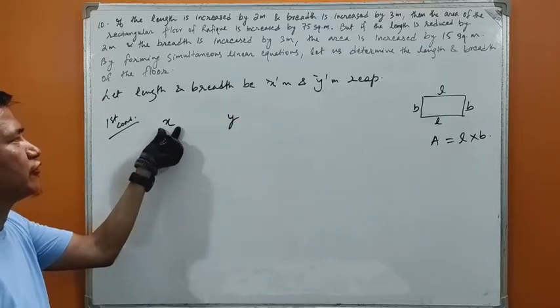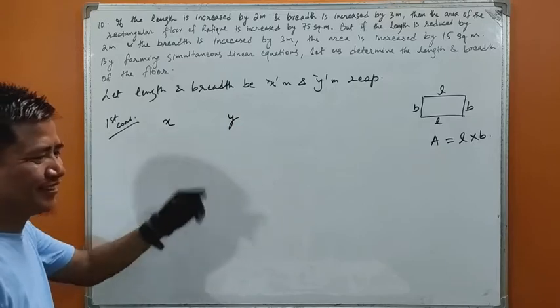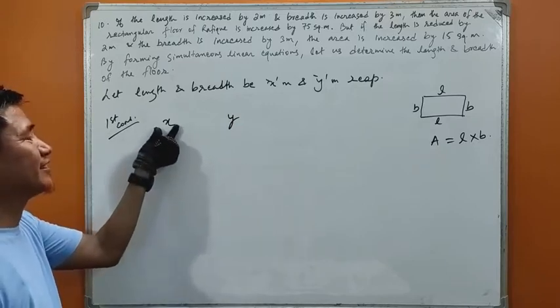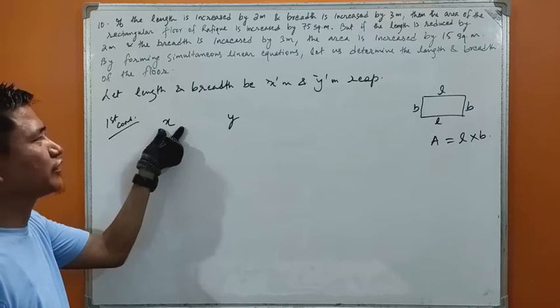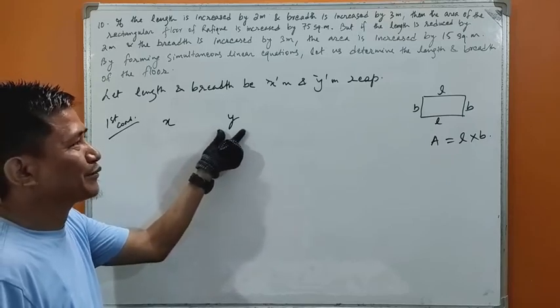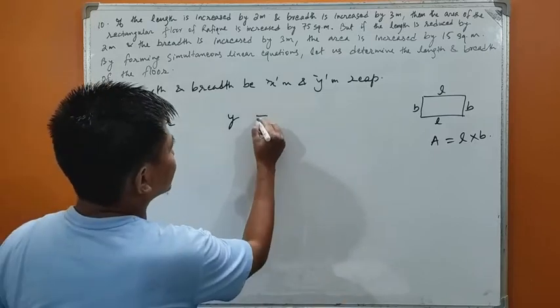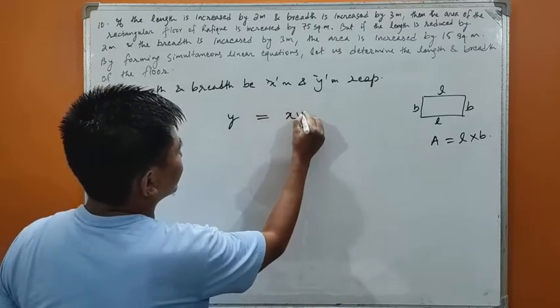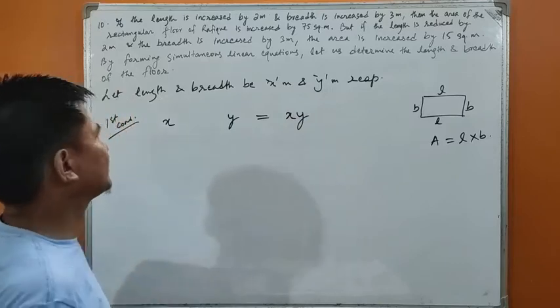The length of the rectangular floor is x meter and breadth of the rectangular floor is y meter. So the area will be length into breadth, that is x into y, that is xy, isn't it?